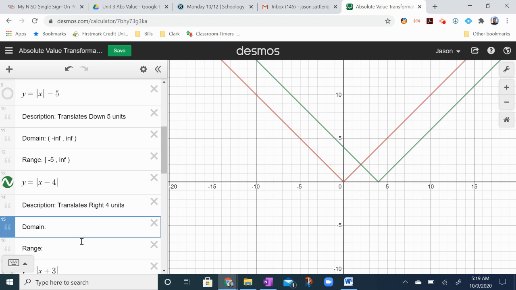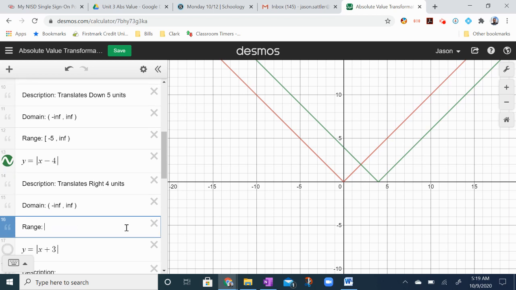Okay, so let's look at the domain. The domain didn't change, still opens all the way left and all the way right. So we got negative infinity to positive infinity. All right, our range, again, on top, the range didn't change either. Since it just moved to the right, it's still from 0 in y numbers, 0 to infinity for the green graph as well.